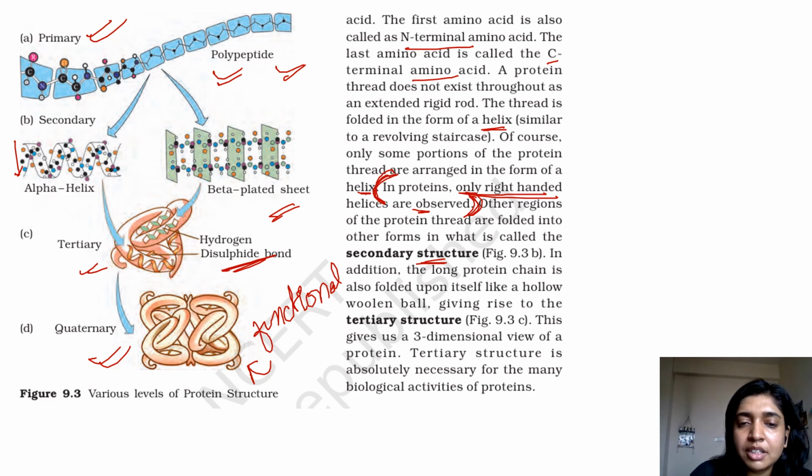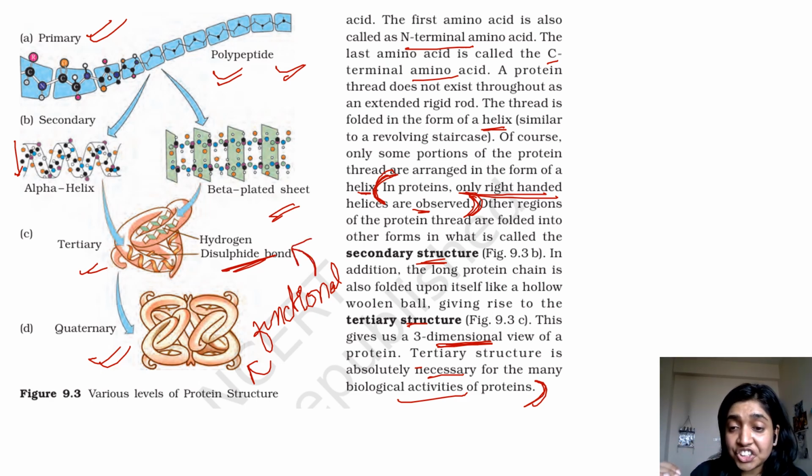In addition, it can also form tertiary structure, which gives us a 3D view. So when we're talking about tertiary structure, it gives us a three-dimensional view of the protein. It's absolutely necessary for the proteins to have biological activity. So the tertiary structure is very necessary for the protein to perform its functions.